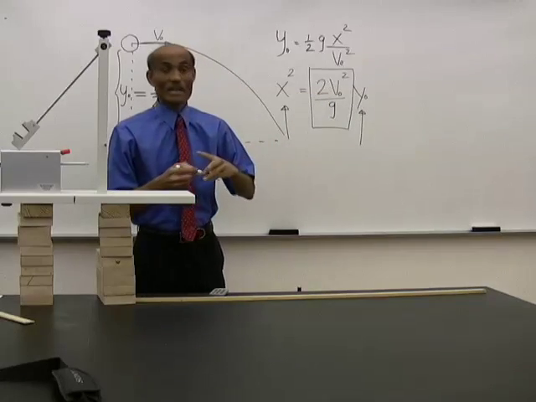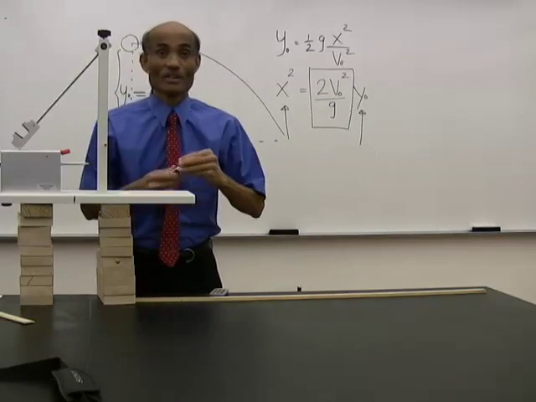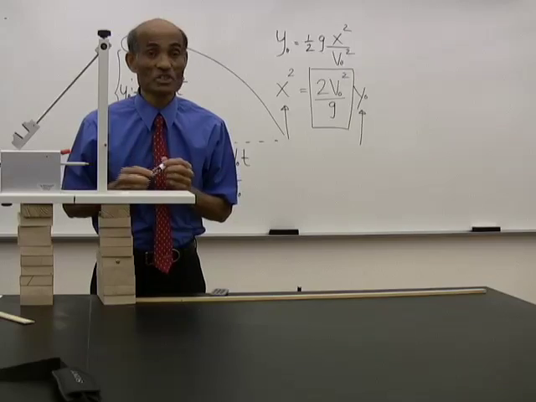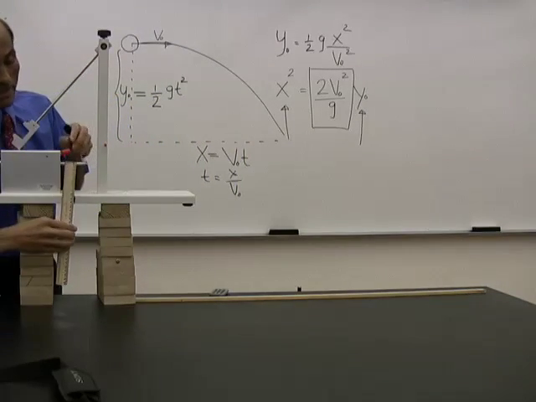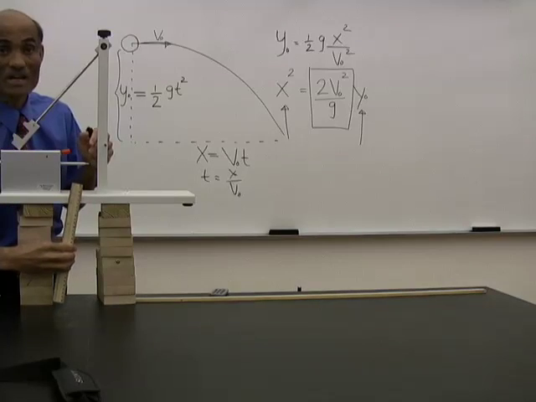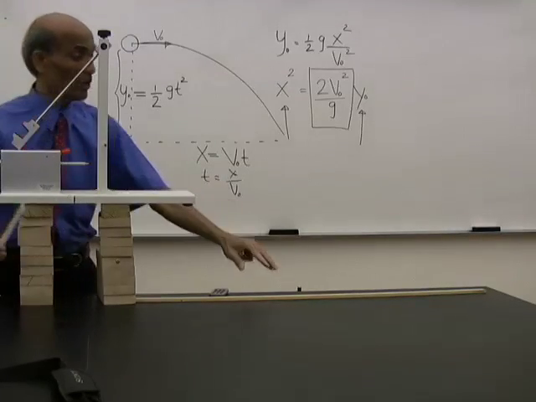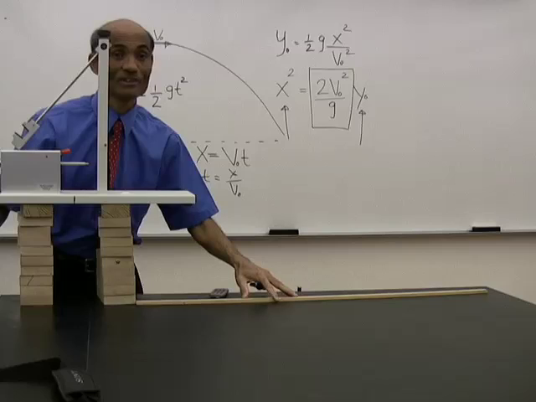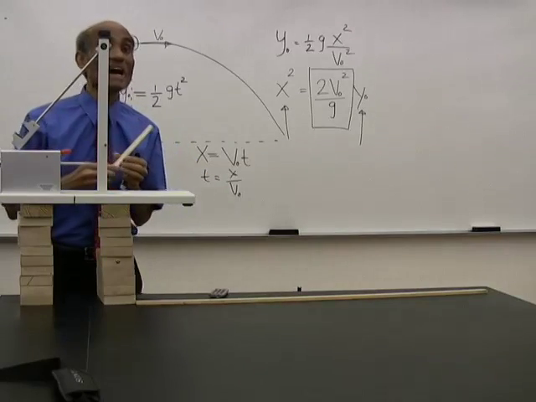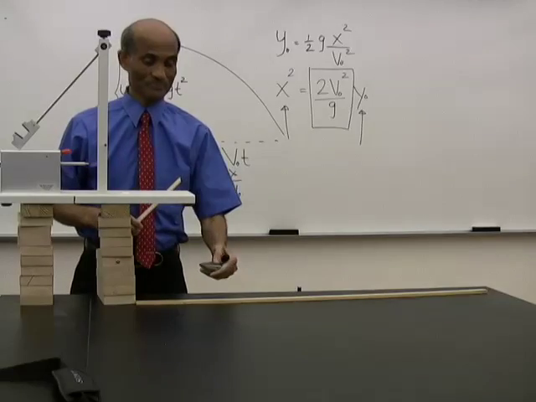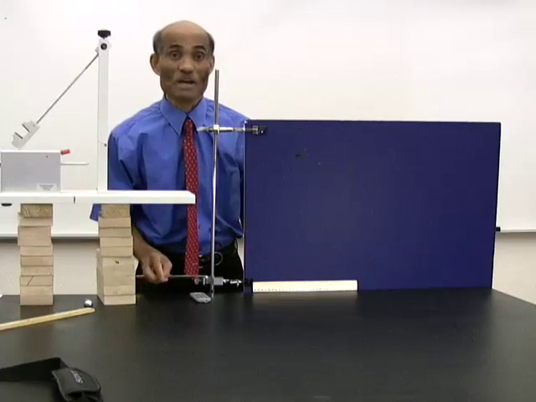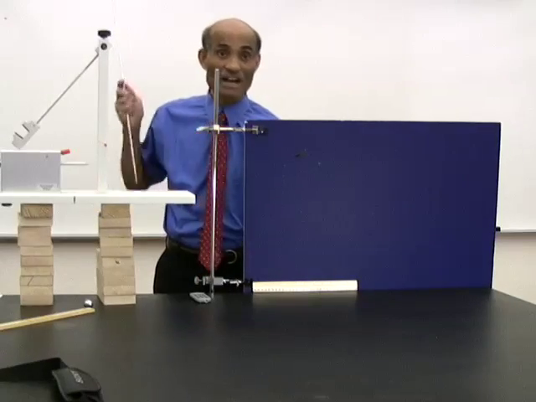Alright. Now in this experiment, you need to measure distances. What are the distances that you need to measure? You need to measure the distance y0 and also the distance x. That means we now need to work out a conversion factor. Let's start by working out the conversion factor.